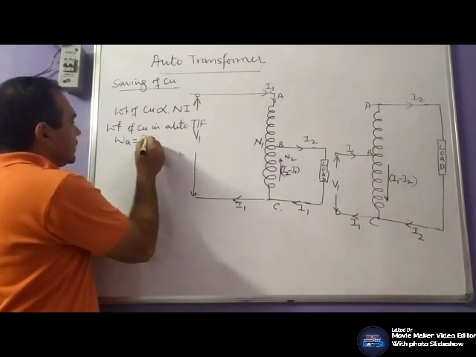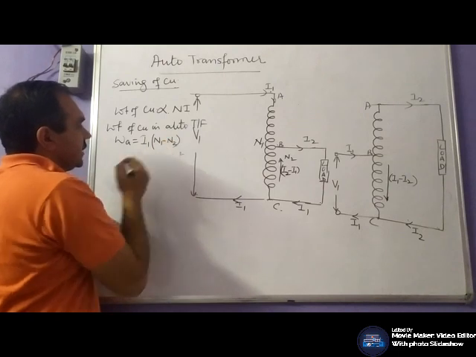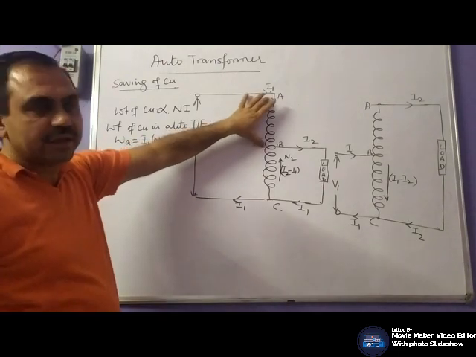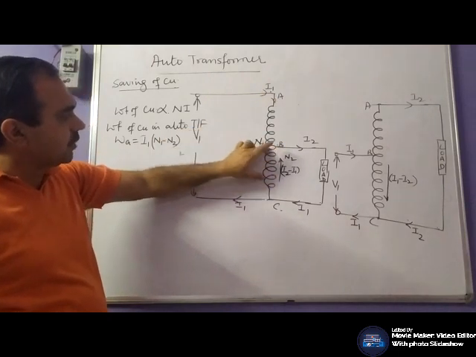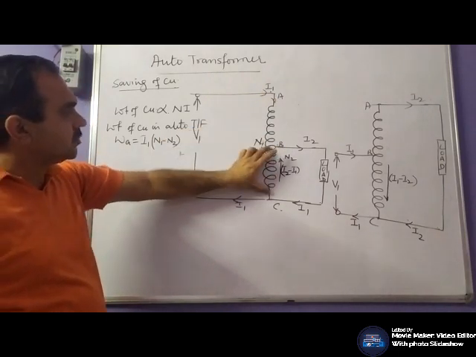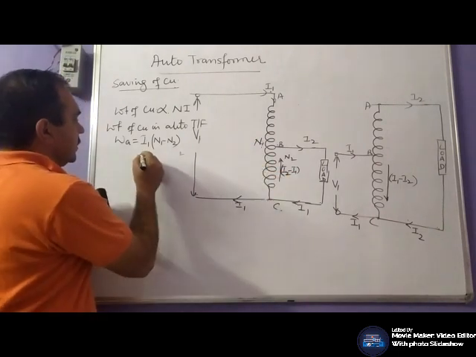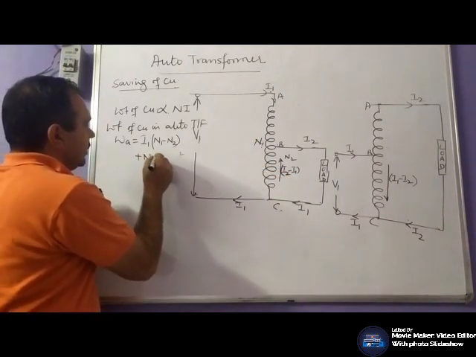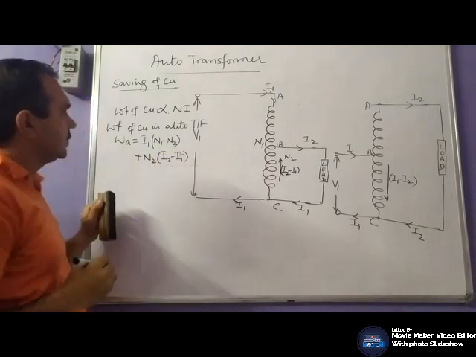So in this portion, the current is I1. N1 minus N2 times I1 is the weight of the copper of this portion AB. What is the weight of the copper of the portion BC? In this portion, the number of turns are N2 and the current is I2 minus I1. Plus N2 times I2 minus I1.